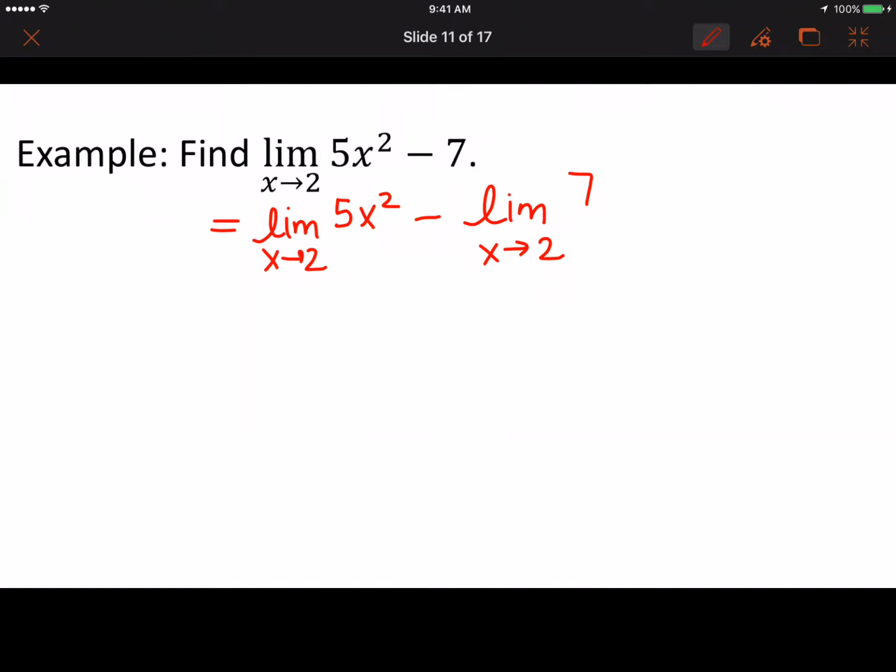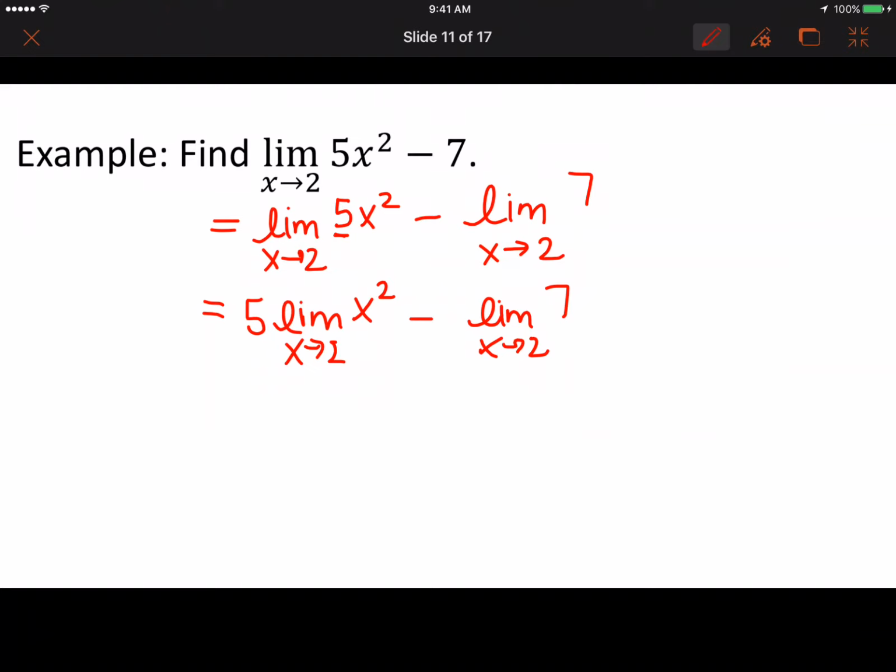That was property 2. Property 1 on the last slide says that I'm allowed to pull this constant 5 out front. So this is the same as 5 times the limit as x approaches 2 of x squared minus the limit as x approaches 2 of 7.